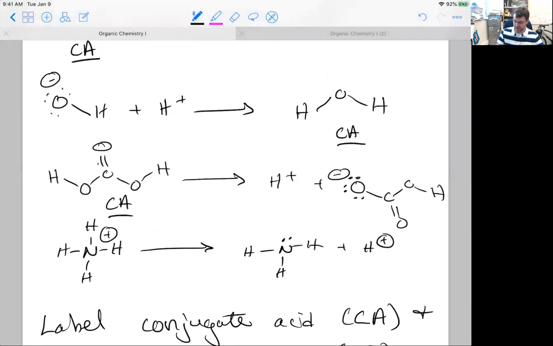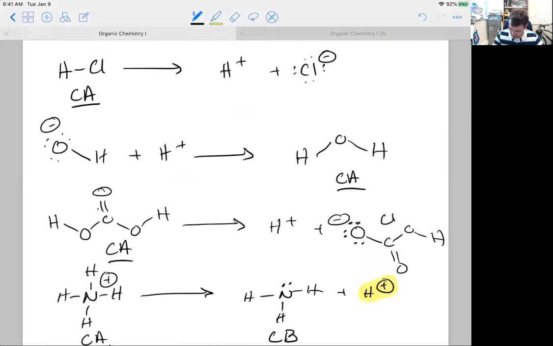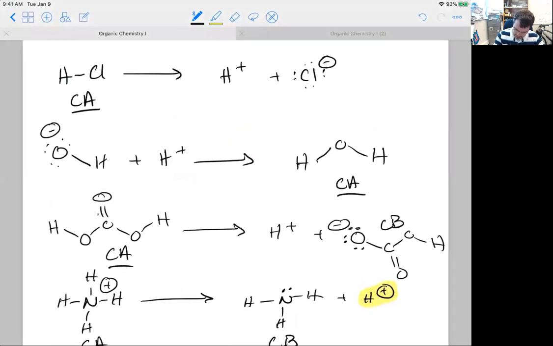For this last case, it is the positive structure. Why? Because that positive structure loses an H+ to give rise to a new structure, which is NH3, and that's going to be its Cb. So labeling the Cb now in every case, this is the structure that results from loss of H+, or the structure that would like to pick up H+.